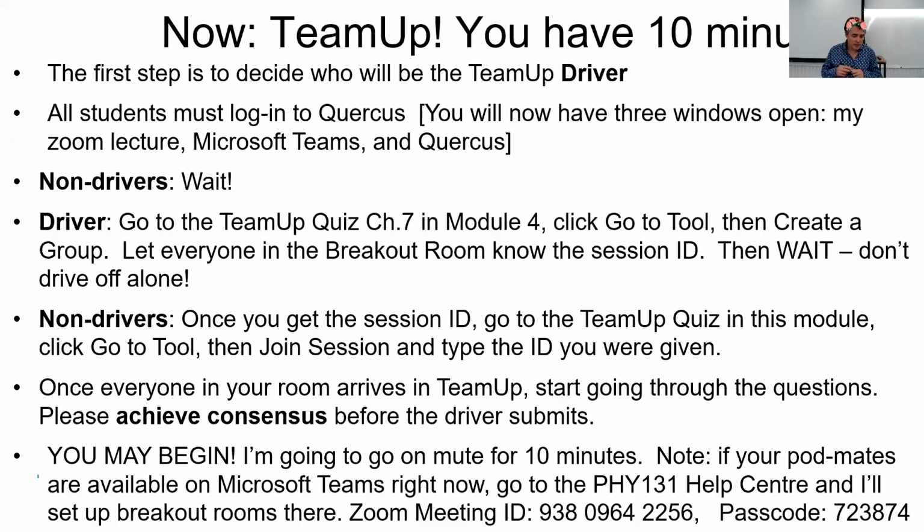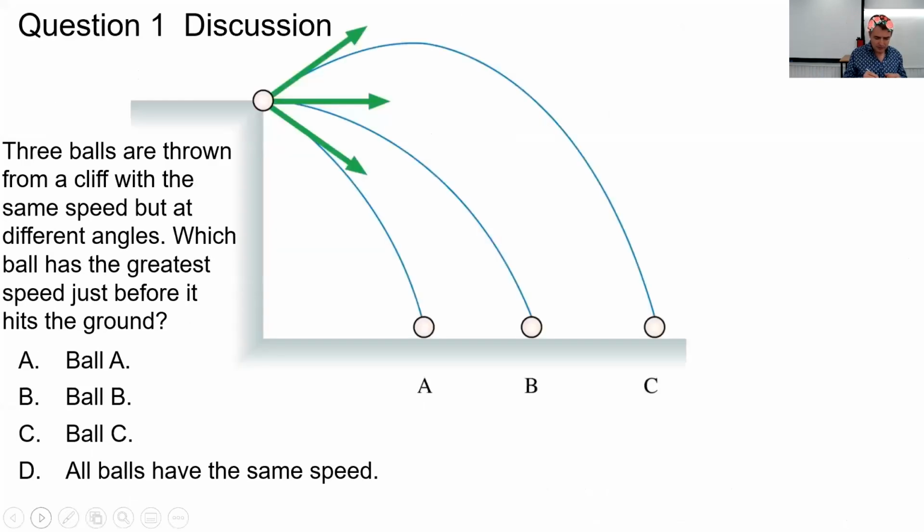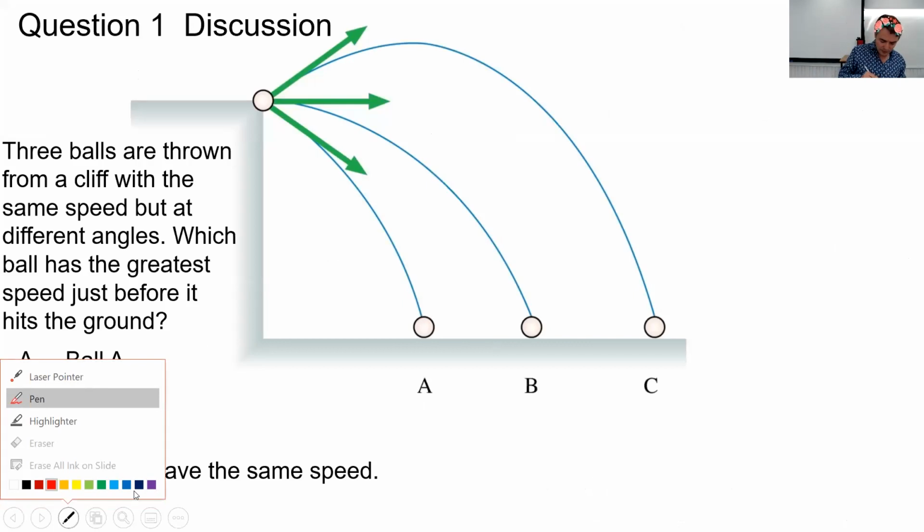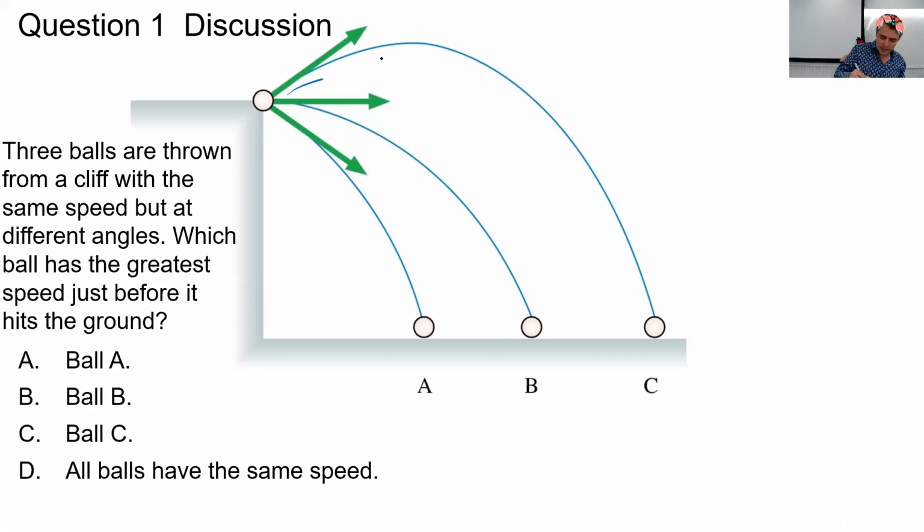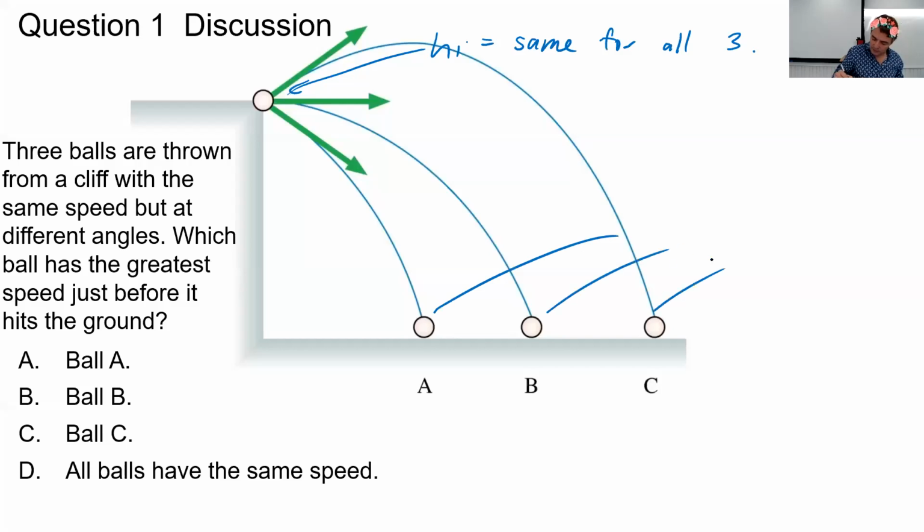So I want to go over these team up questions. Hopefully it went well and you were able to have a chat about these things with your pod members. Certainly, the idea here is that H initial is the same for all 3, and H final is the same for all 3.